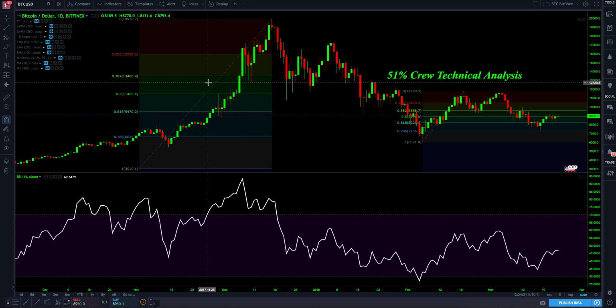We have a one-day chart, or one-day candle, I should say, of price action. And what happened was, right here, we peaked at 93 on a daily candle. So we're literally 10 to 20 points overbought.